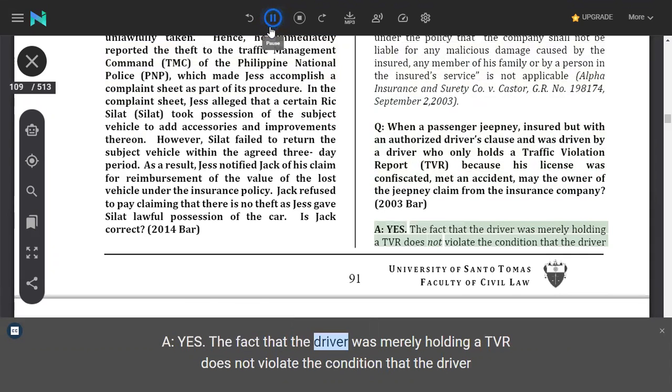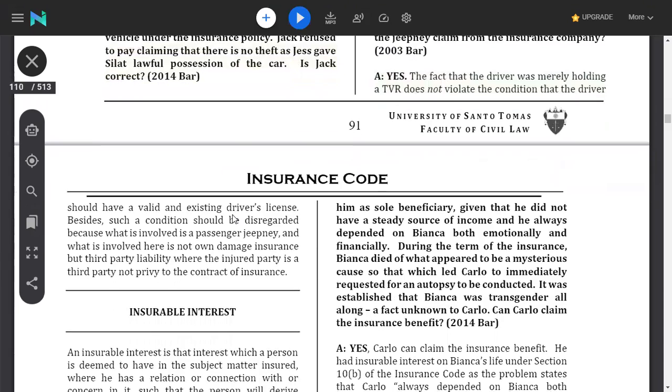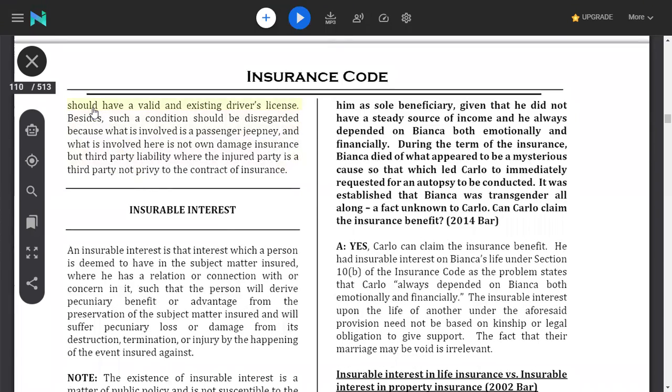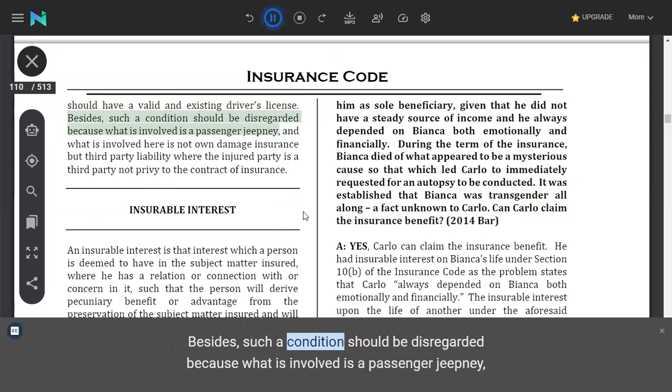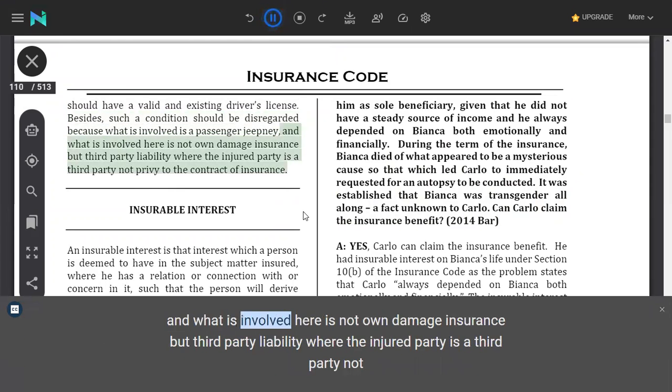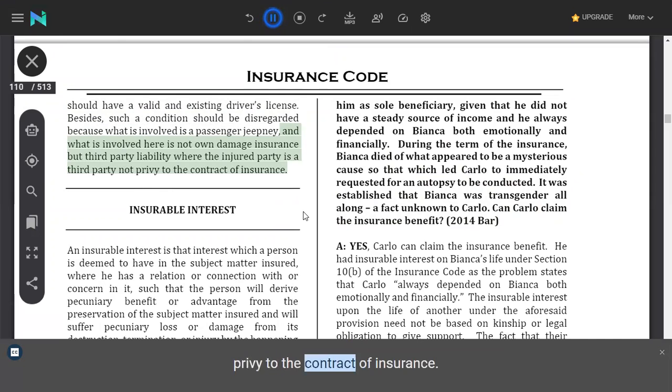The fact that the driver was merely holding a TVR does not violate the condition that the driver should have a valid and existing driver's license. Besides, such a condition should be disregarded because what is involved is a passenger jeepney. And what is involved here is not own damage insurance but third-party liability where the injured party is a third party not privy to the contract of insurance.